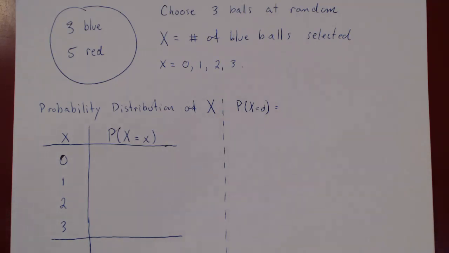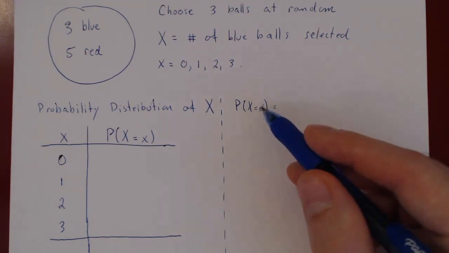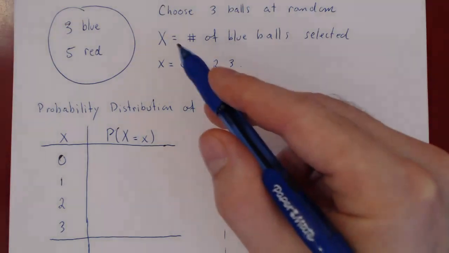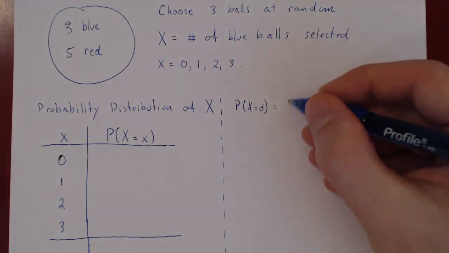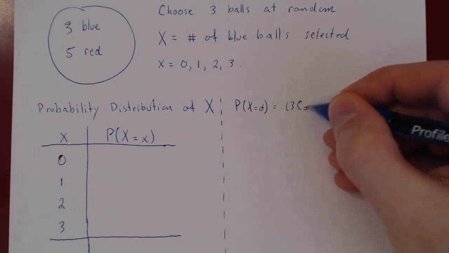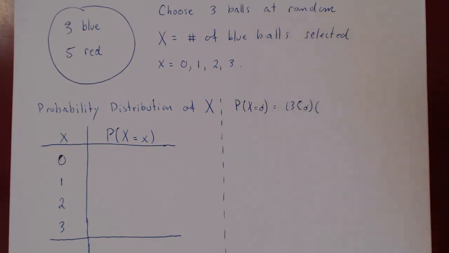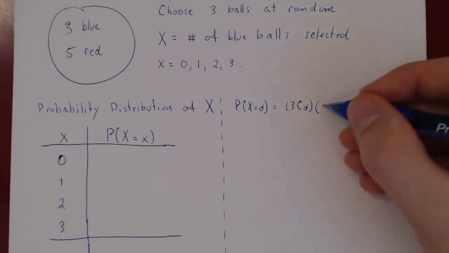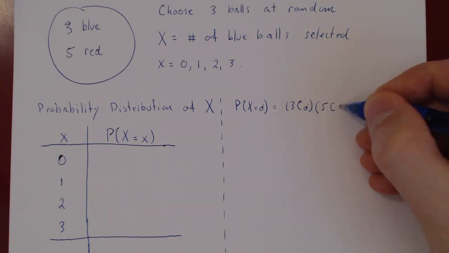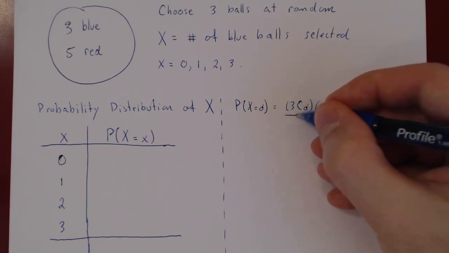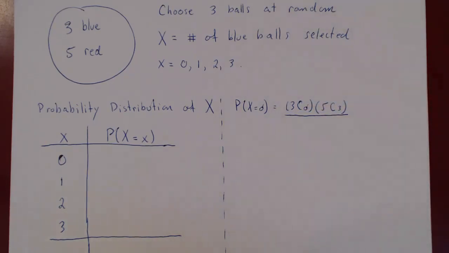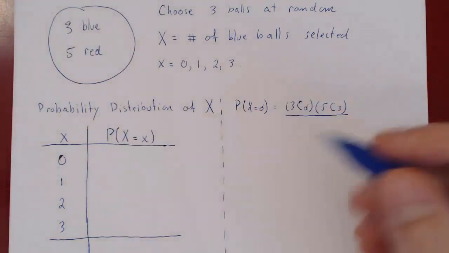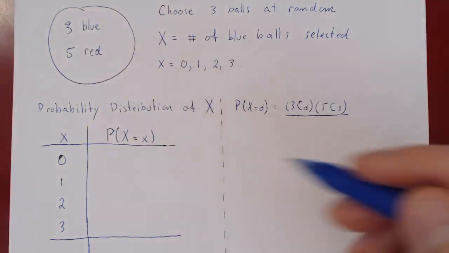And because each selection is equally likely, we can use the equiprobability theorem. So, in how many ways can we choose 0 blue balls? Well, out of the 3 blue balls, we choose none, and times, because we are choosing 3 balls in total, out of the 5 red balls, we choose 3, over the total number of possible selections, the size of the sample space. Well, out of 8 balls, 3 plus 5 is 8.